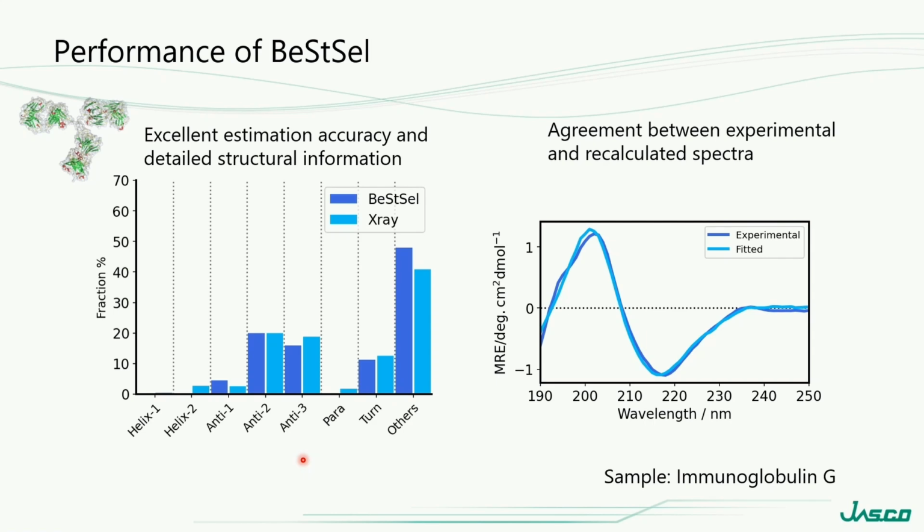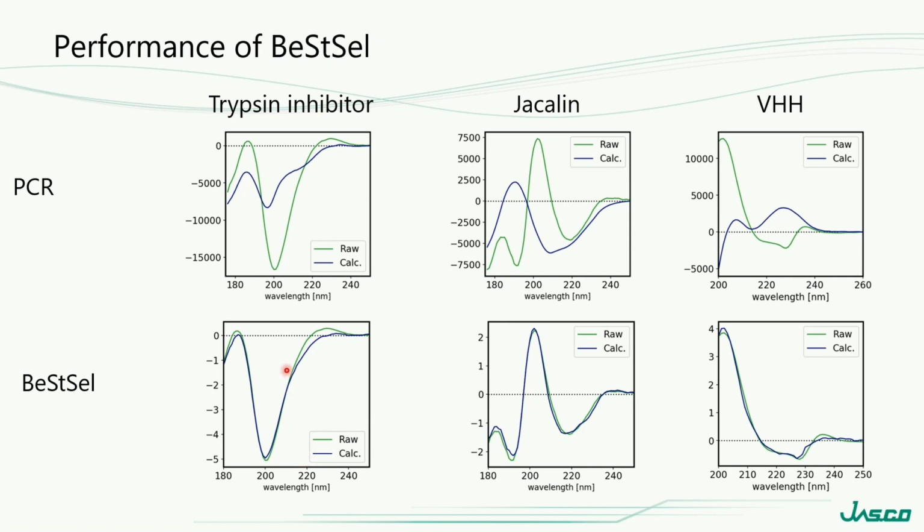So you can compare with the previously reported value. In particular, these samples for which machine learning could not offer good results were significantly improved by using BeStSel.